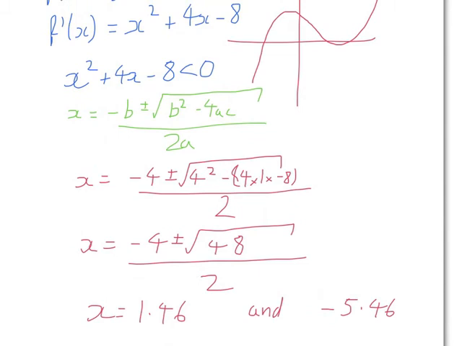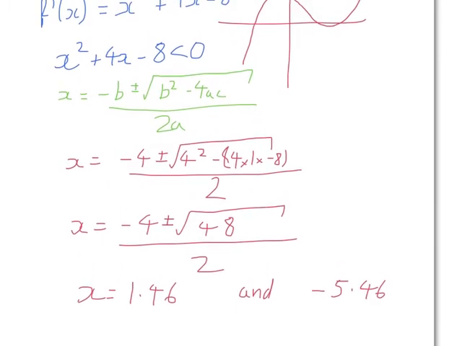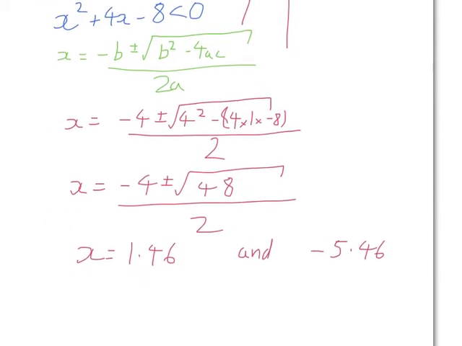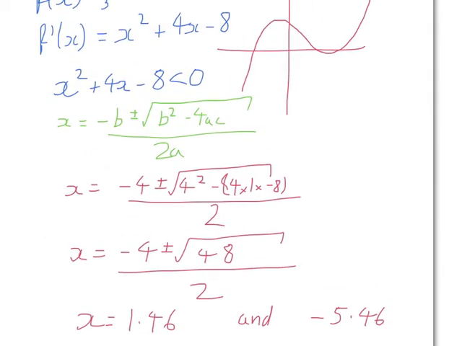So the range in which we get a negative function is going to be from minus 5.46 up to 1.46, which if we look at our graph is what we'd expect, because that is the direction that a positive cubic graph goes, a negative one is the other way around.